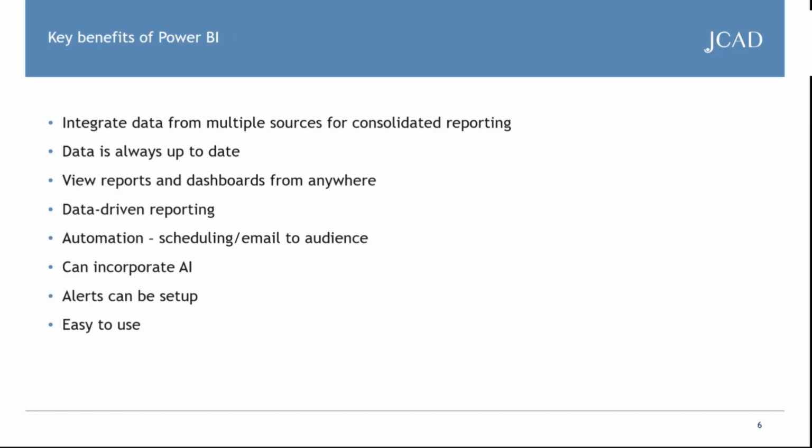It can also incorporate elements of AI. So it integrates with Copilot, the Microsoft tool, which can give you advice on some elements of the use of the system, what kind of graphs to use, and how to transform the data ready for different types of analysis and reporting.